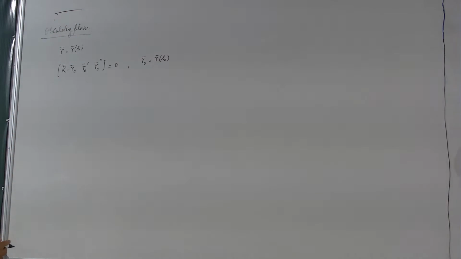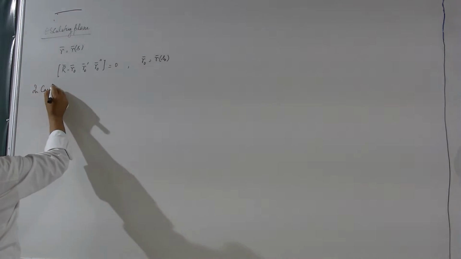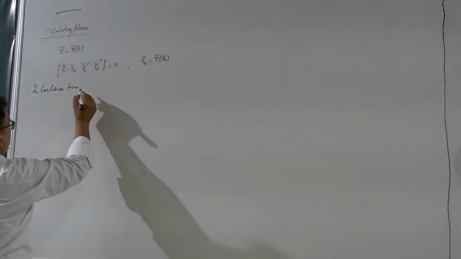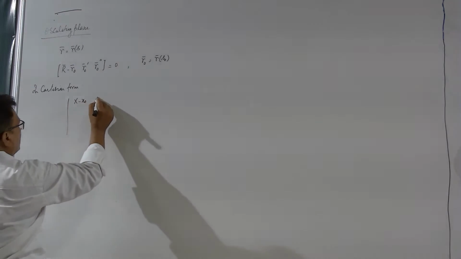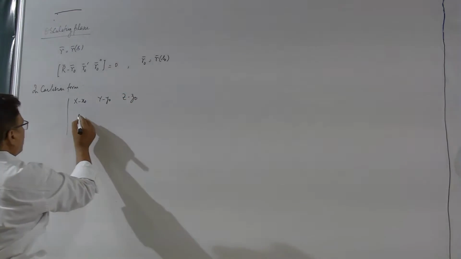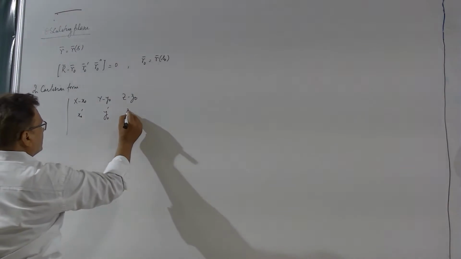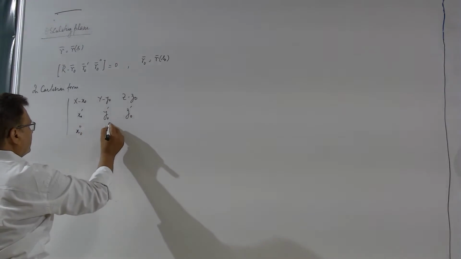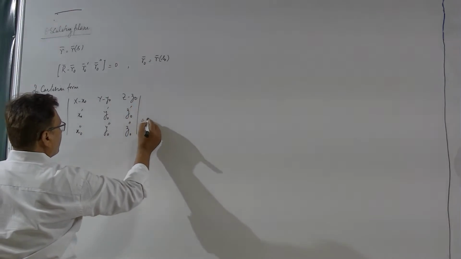If you want to convert it into Cartesian form, the above equation looks like this: the determinant with rows (X minus x0, Y minus y0, Z minus z0), (x0 dash, y0 dash, z0 dash), (x0 double dash, y0 double dash, z0 double dash) equal to 0.